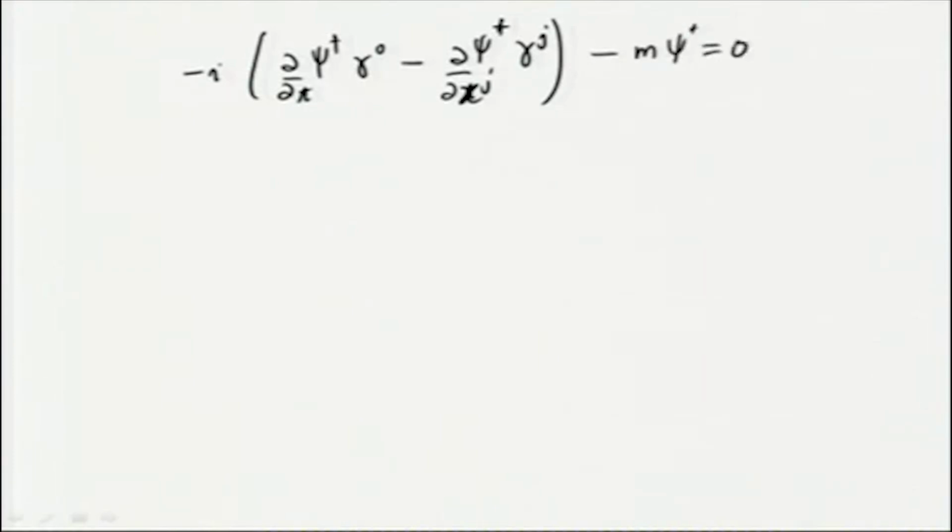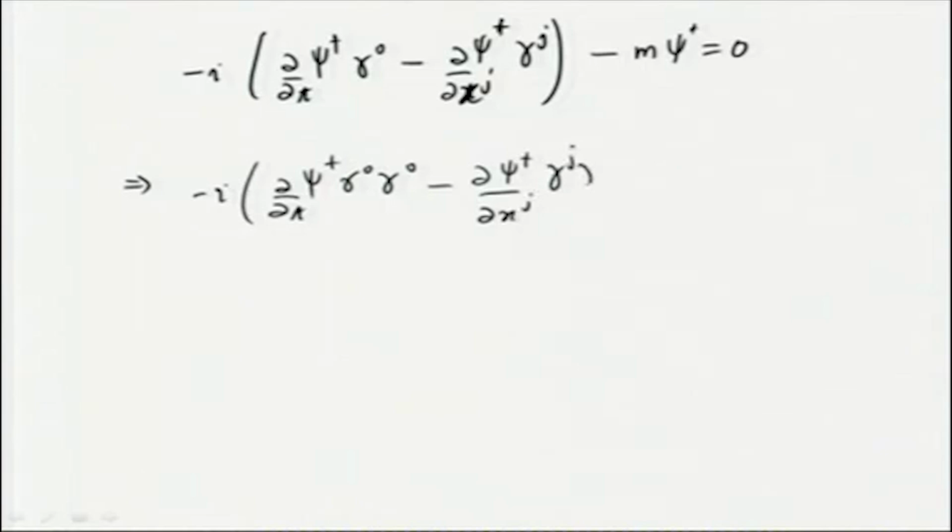The way out is to multiply it by a gamma 0 from the right. When I multiply by gamma 0, this will give me minus i dou by dou t psi dagger gamma 0, another gamma 0, minus dou psi dagger by dou x j gamma j gamma 0 minus m psi dagger gamma 0.